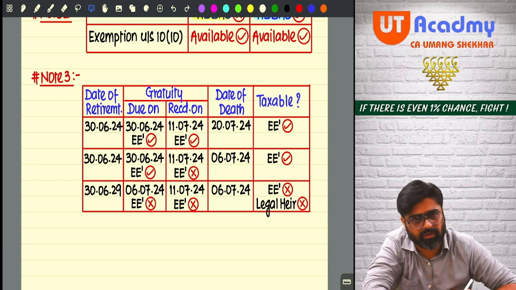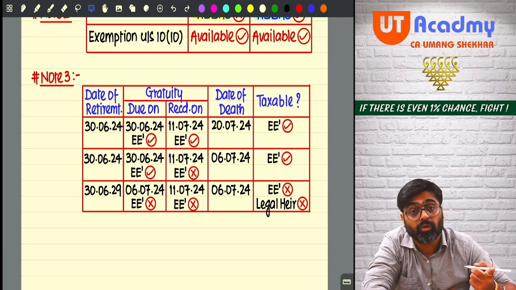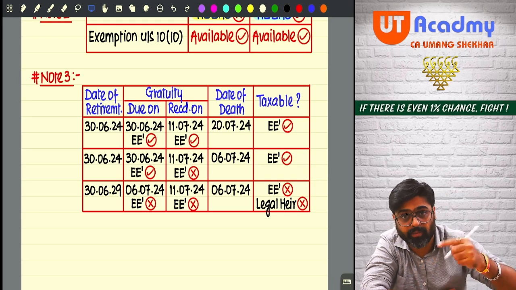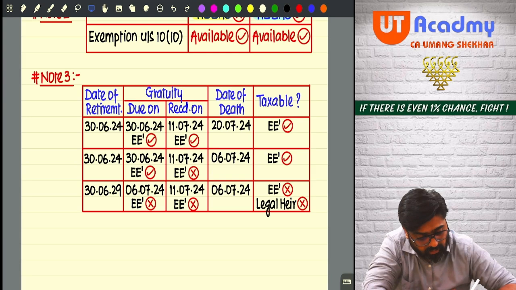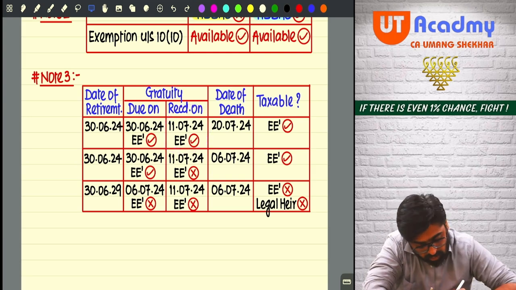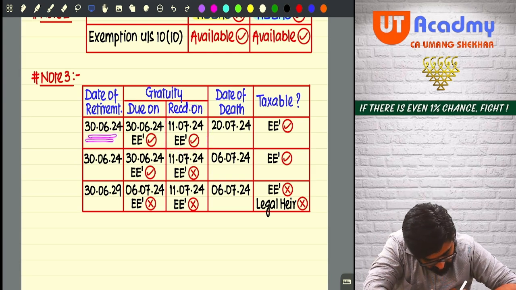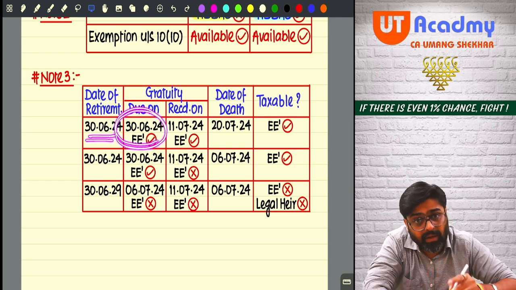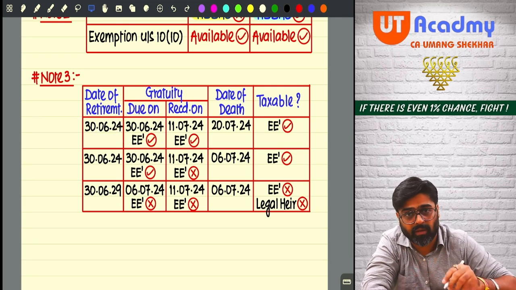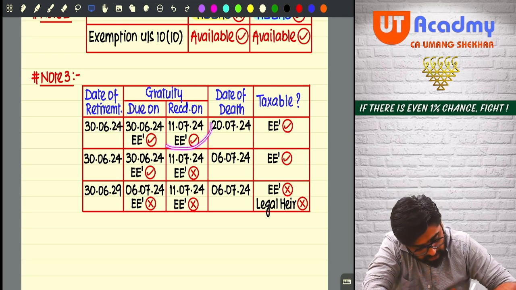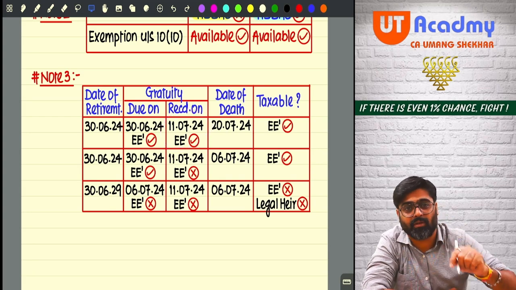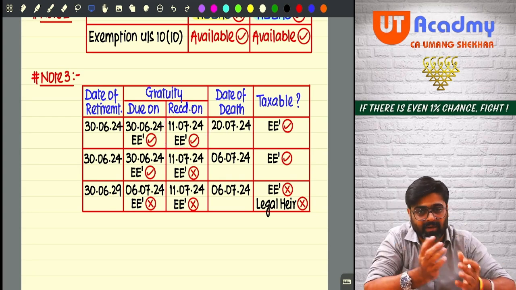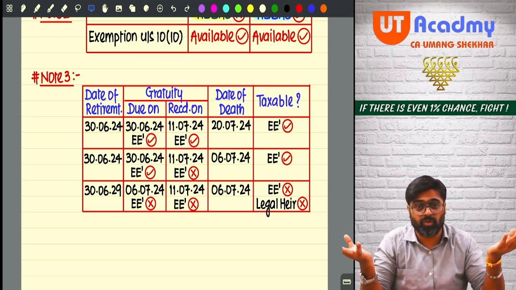So on his retirement, the gratuity became due. And that gratuity he received on 11th of July. So on his retirement, the gratuity became due, and on 11th July, this gratuity was given in the hands of the employee. But he could not see this much huge amount of money.